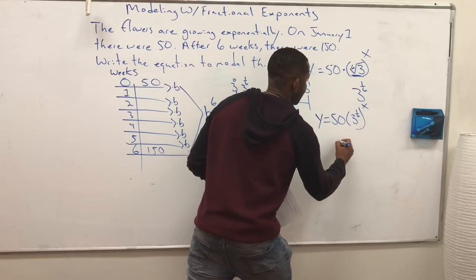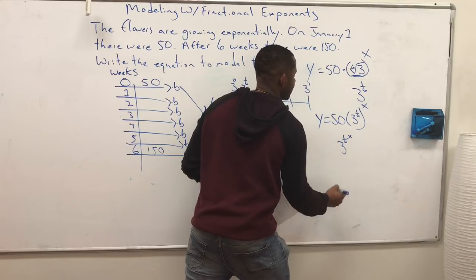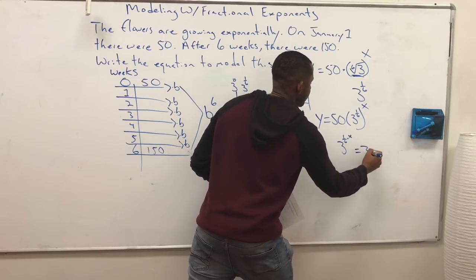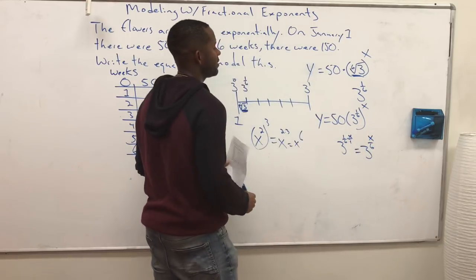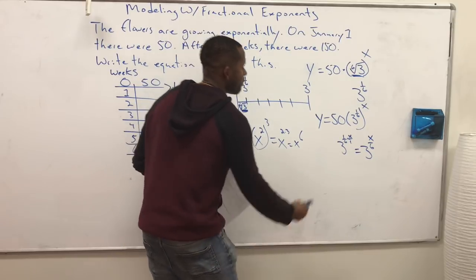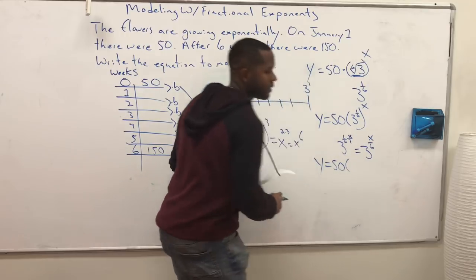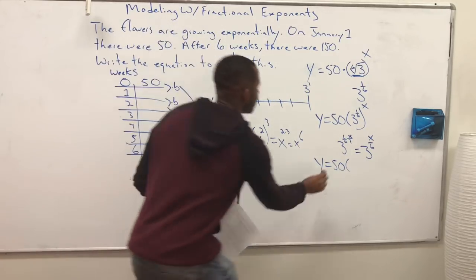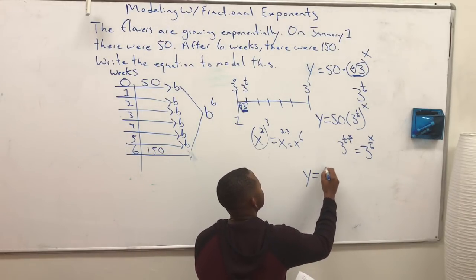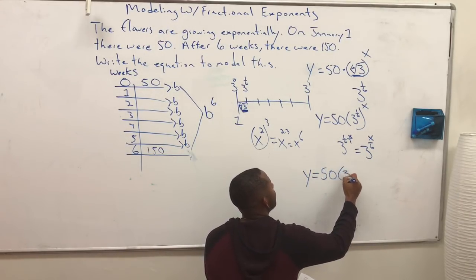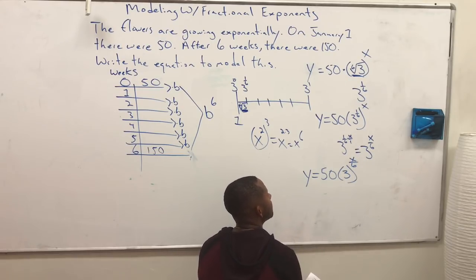I'm going to take 3 to the 1/6 times x, which is 3 to the x over 6. So now my final answer is y equals 50 times 3 to the x over 6.